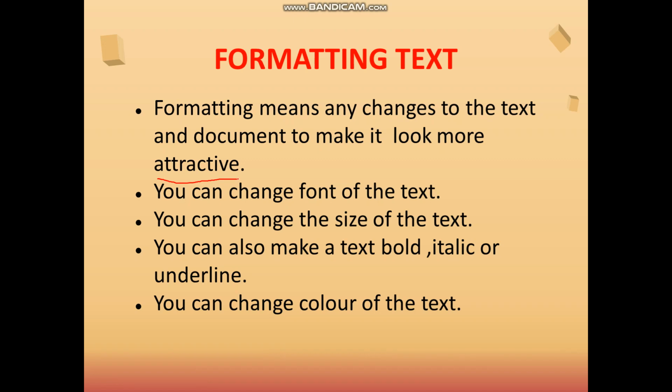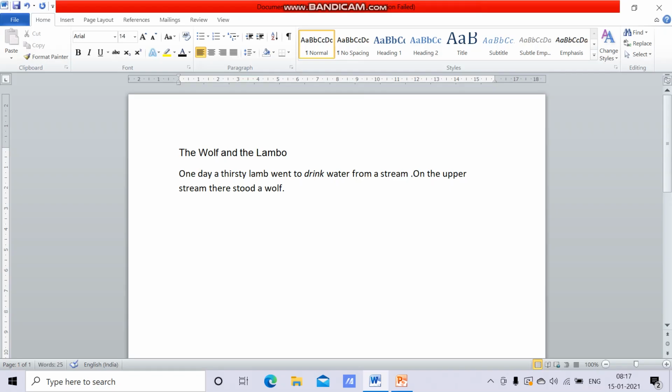You can change the style, isn't it? Like you can make it bold, italics, or you can even underline. You can change the color. So these are the things that you can change. Now, how to do all this? Let us see now.